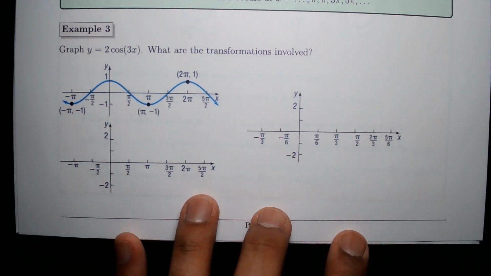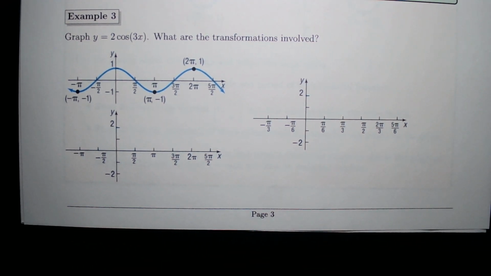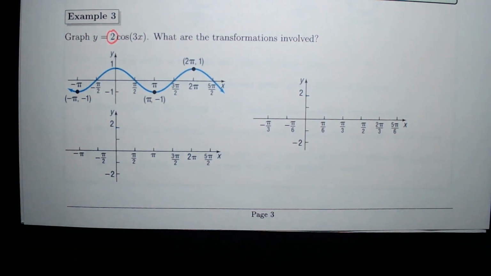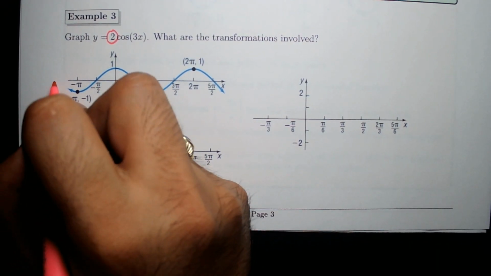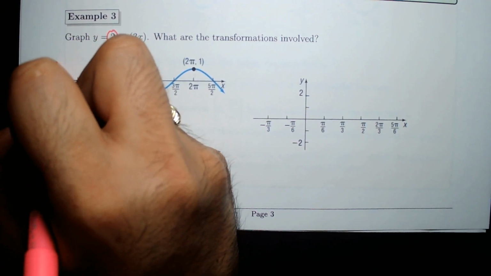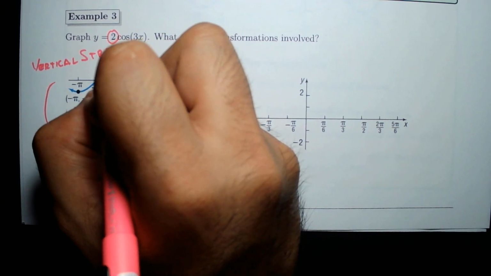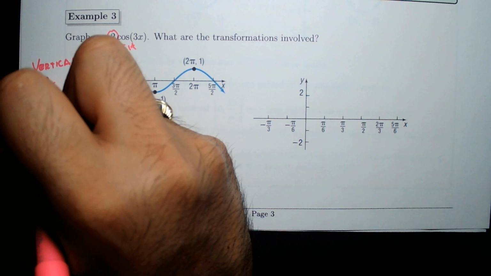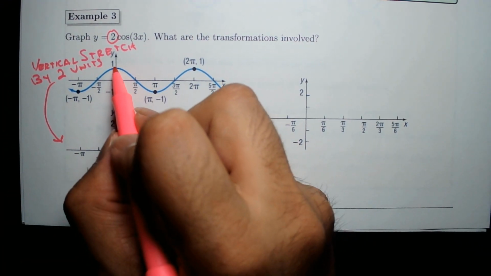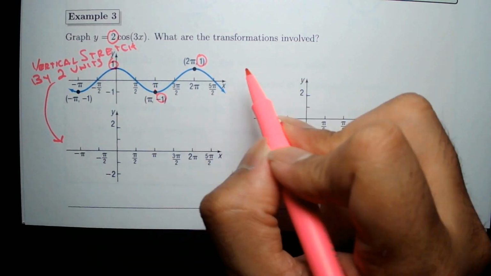All right. So let's graph a couple of functions right here and identify the transformations. In this case, these two will do a vertical stretch by a factor of 2. In other words, all the y values are going to be multiplied by 2.